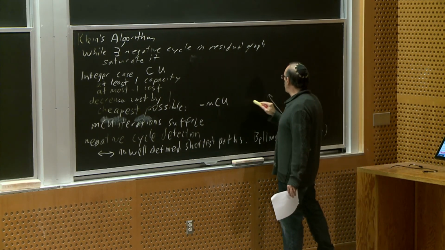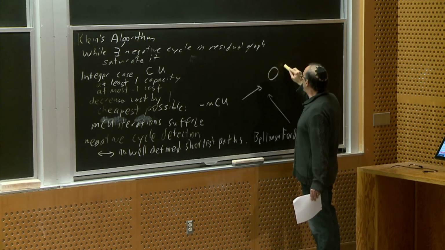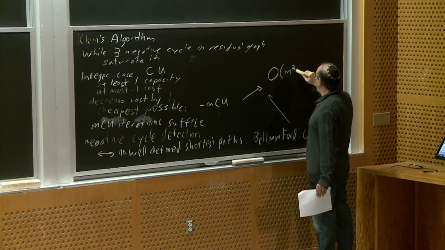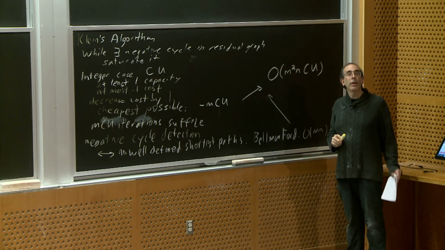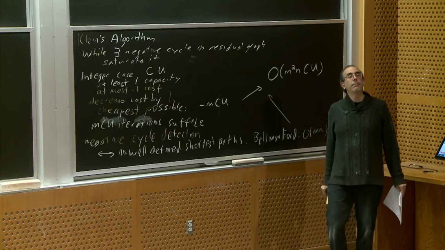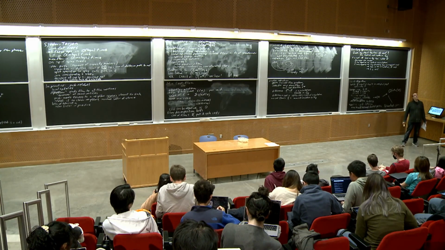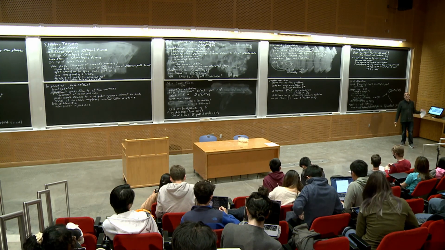You put these together, and you get a running time for Klein's algorithm, our first min-cost flow algorithm, of order m squared n times CU. Yes? Shouldn't it be plus instead of times? Sorry, what's that?